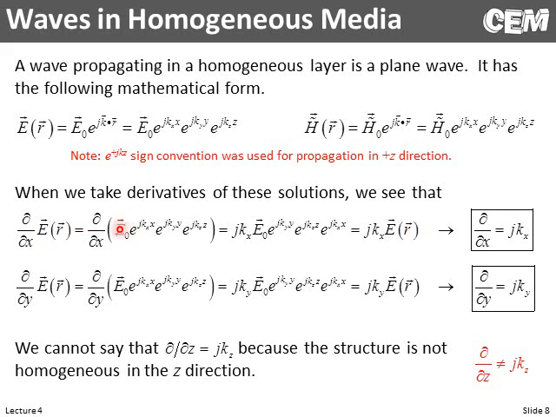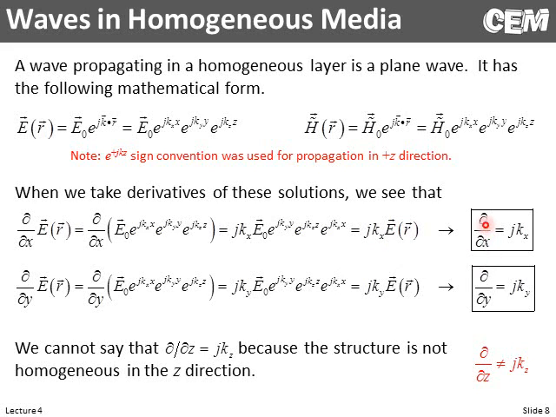So we'll substitute in our expression for the electric field, and it turns out only this term is a function of x. Everything else are constants, can come to the outside. And so we just take the derivative of that, so the jkx comes to the outside. So what we're left with is a jkx multiplying the original electric field.